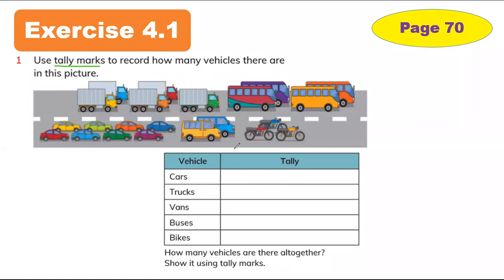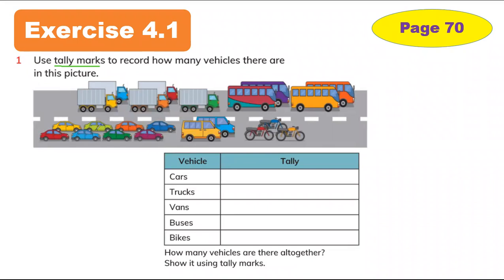How many vehicles are in the picture? So use the tally marks. Tally marks help us to count how many cars are in the Carroll diagram. This is the Carroll diagram. This Carroll diagram has vehicles and tally. So how many cars? Let's count.